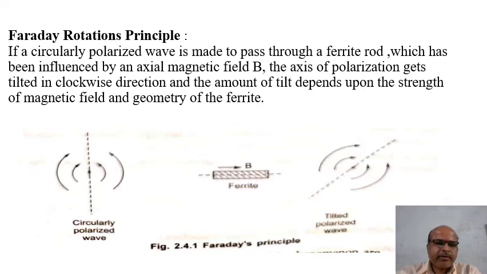So what is the Faraday rotation principle? In the oral exam, this Faraday rotation principle is asked. If a circularly polarized wave is made to pass through a ferrite rod which has been influenced by an axial magnetic field B, then the axis of polarization gets tilted in the clockwise direction.